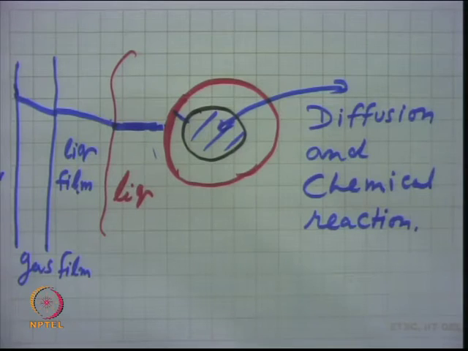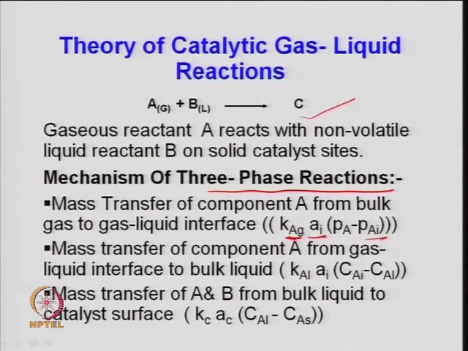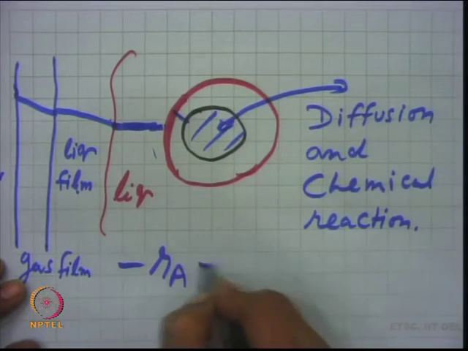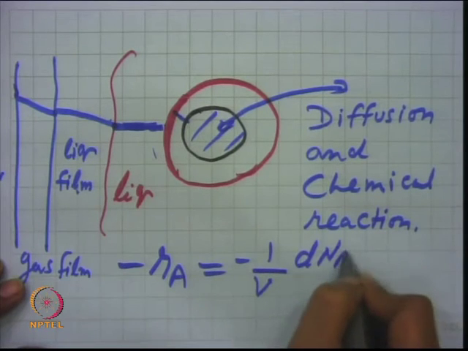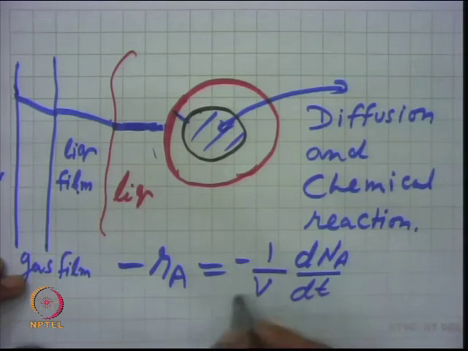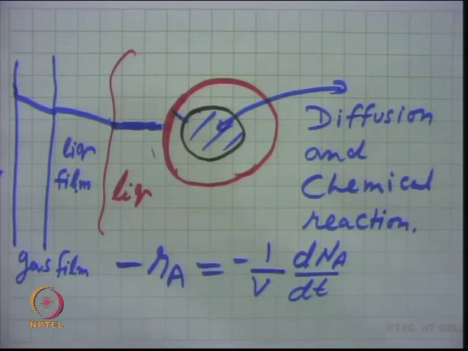So, the first step is K A G times A I times P A minus P A I, which is the rate of transfer, and can be written in terms of minus 1 upon V dNA by dt, because all the time we write minus R A equal to minus 1 upon V dNA by dt. This is per unit volume of the bulk liquid.